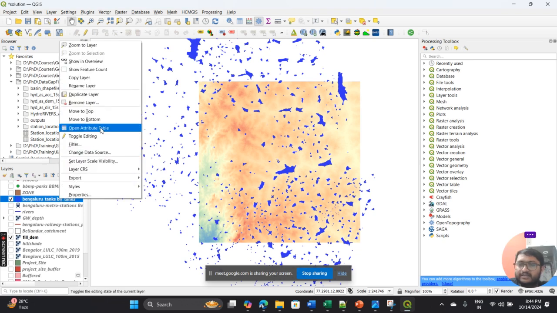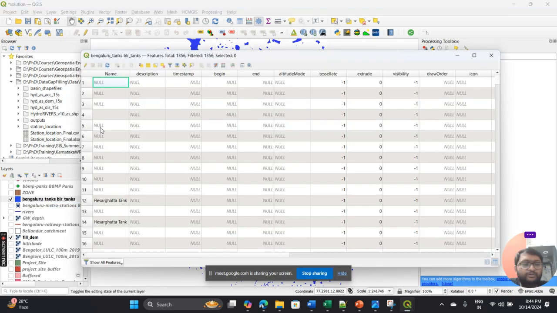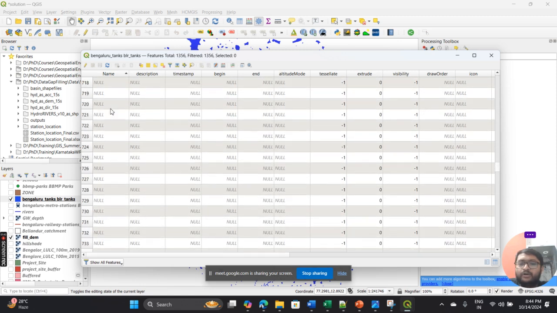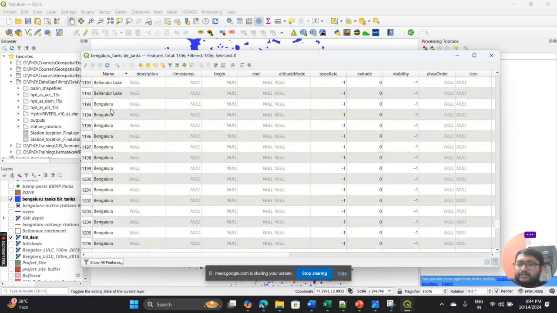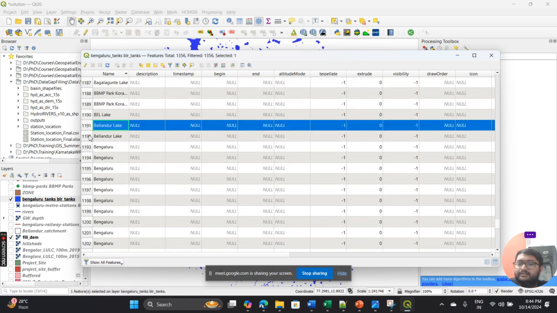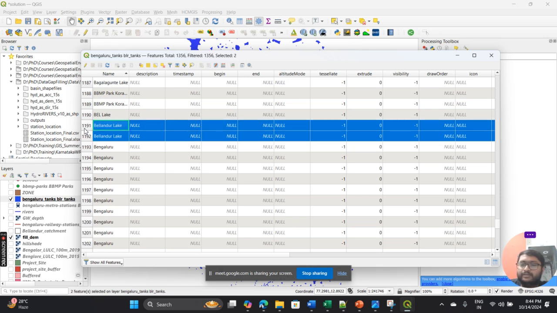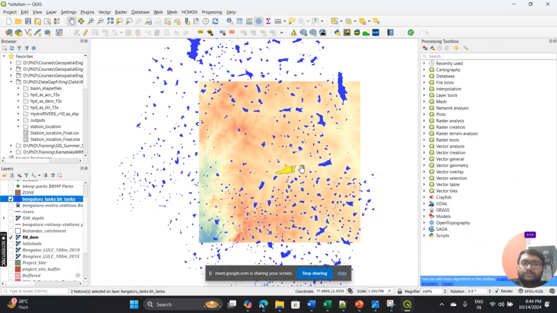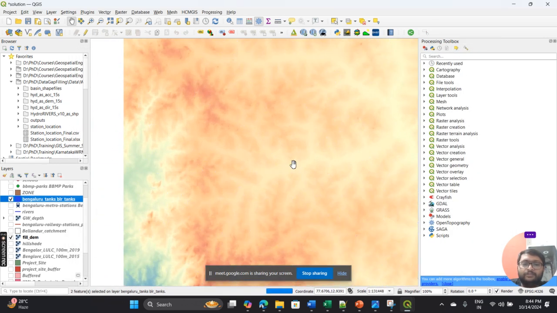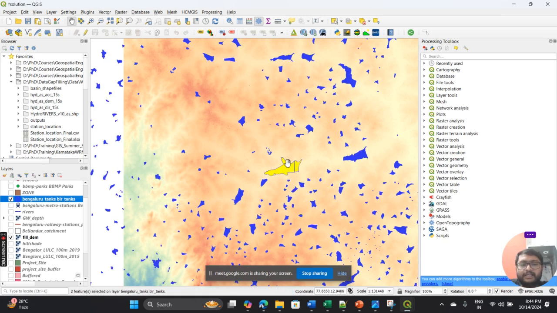We can right-click, go to the attribute table, and check the names of the lakes to see which lake has the name Bellandur. Or we can use the filtering options as well. Here you can see some are null, and you can see this is Bellandur Lake. We can select it, and we see it's over here. Now what we want to see is how much area is draining water at this location.